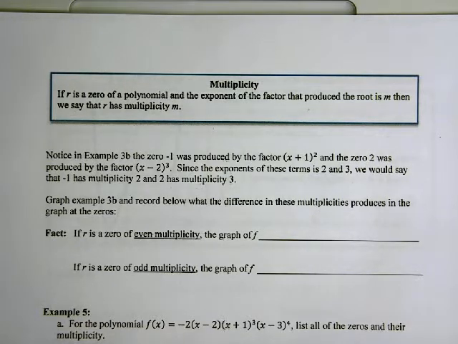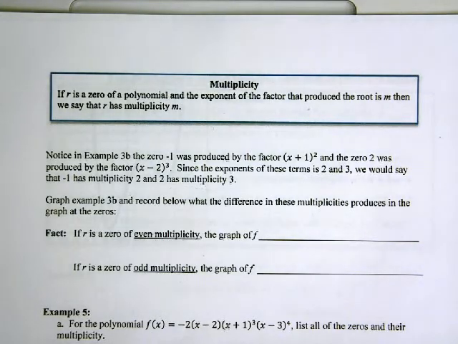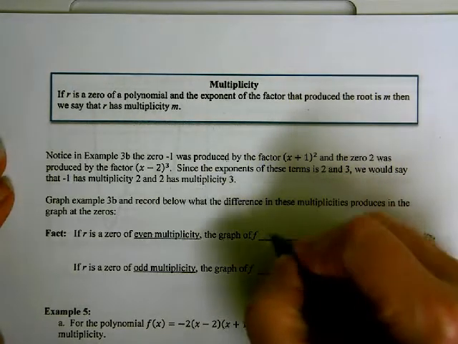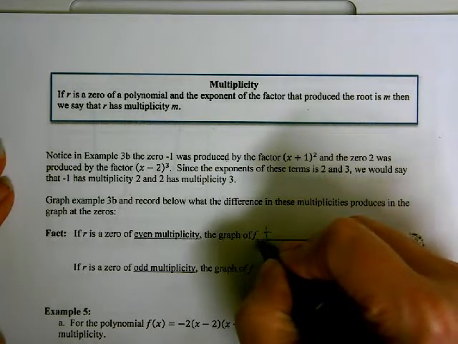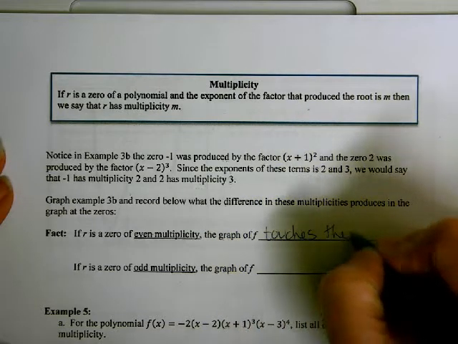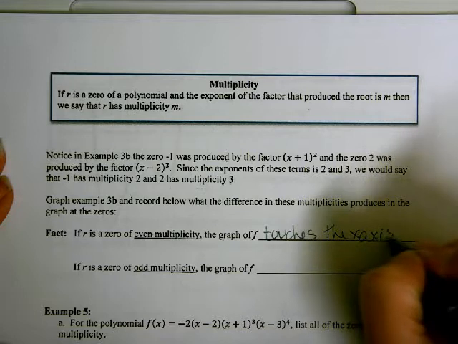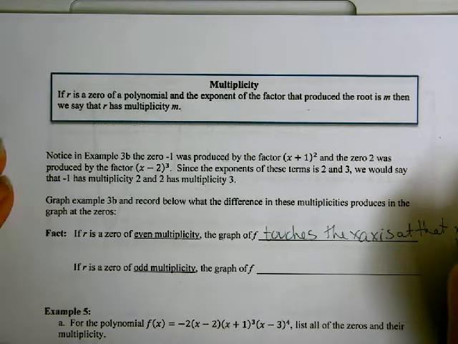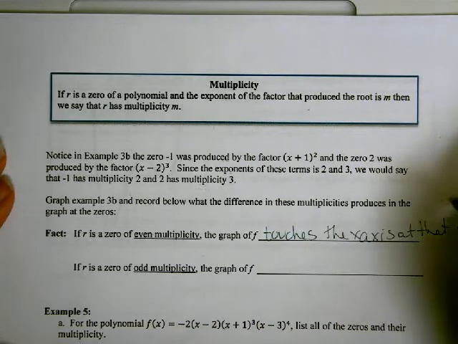Go ahead and make sure you've gone to Desmos and graphed 3b. And you'll notice that when a factor has even multiplicity, the graph of your function touches the x-axis at that x-value.